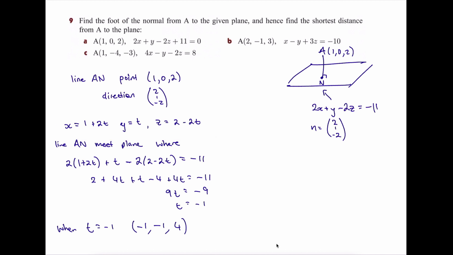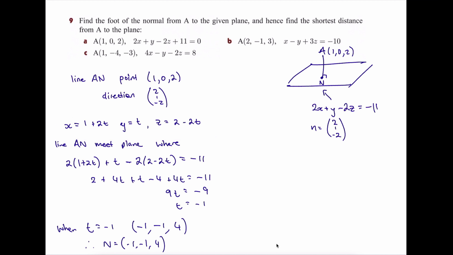So therefore N coordinates are -1, -1, 4. Okay, so that's the first part. That just finds the foot of the normal. Okay, that finds the coordinates for it.